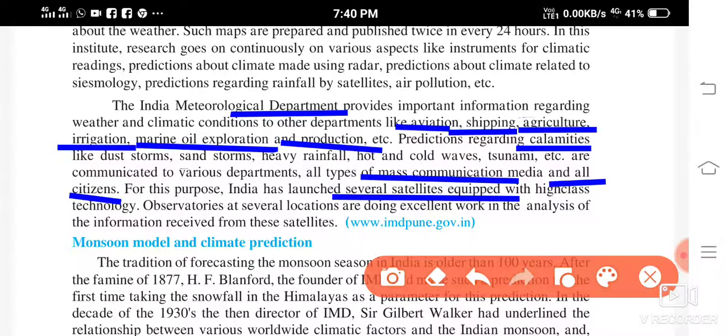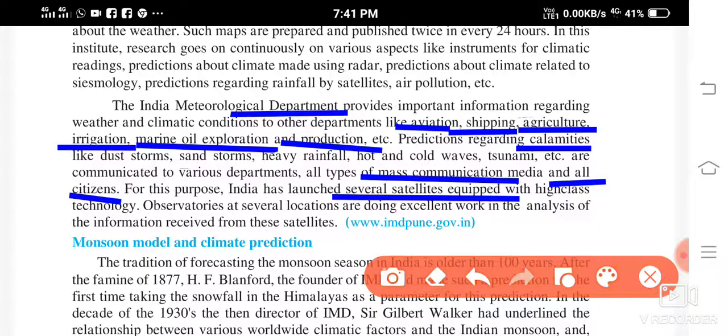These satellites are going to provide lots of information to the India Meteorological Department, and these satellites are equipped with high class technology.